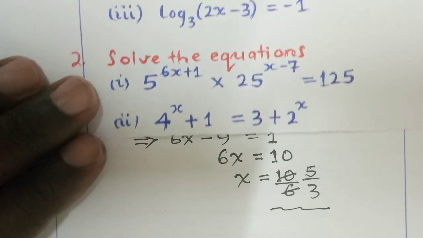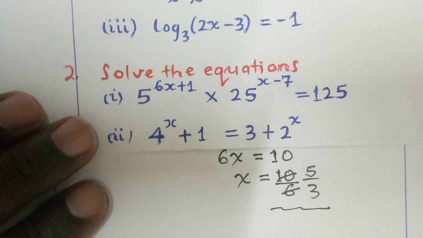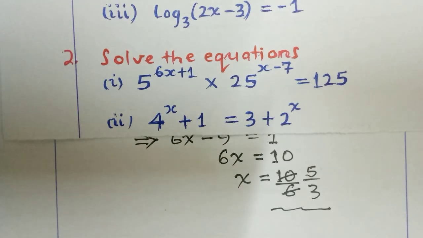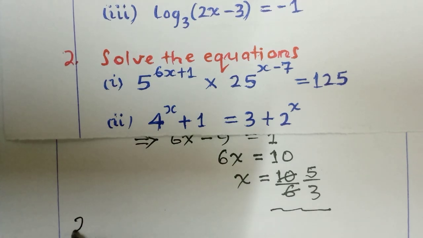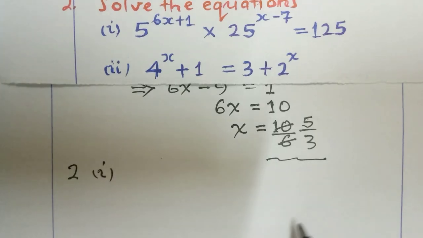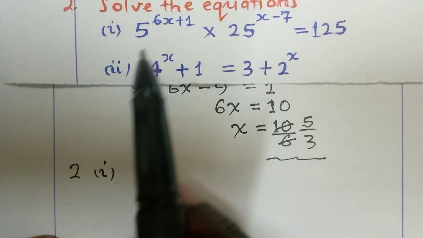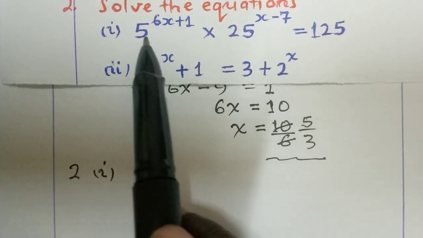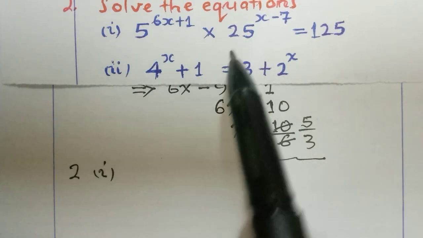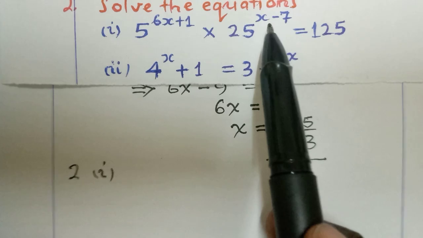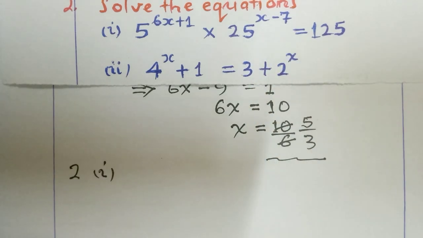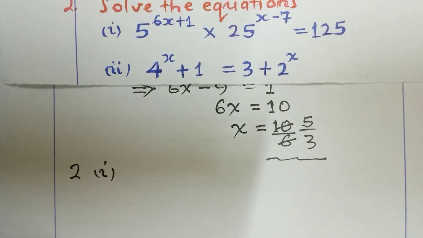Guys, we continue again now to solve the equation, that is question number 2. We go now to Roman 1. So guys, now we can see the question here: 5 raised to 6x plus 1 times 25 raised to x minus 7 is equal to 125. So guys, we can write everything in terms of 5. That is, we convert everything to base 5.